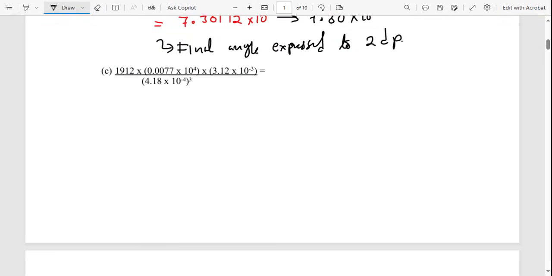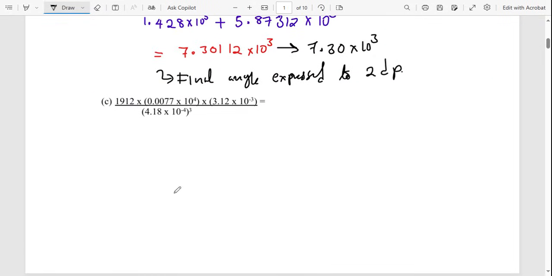And then we have got C. We have got 1.9. So for this one here, the first thing is we are going to start with what is on top.